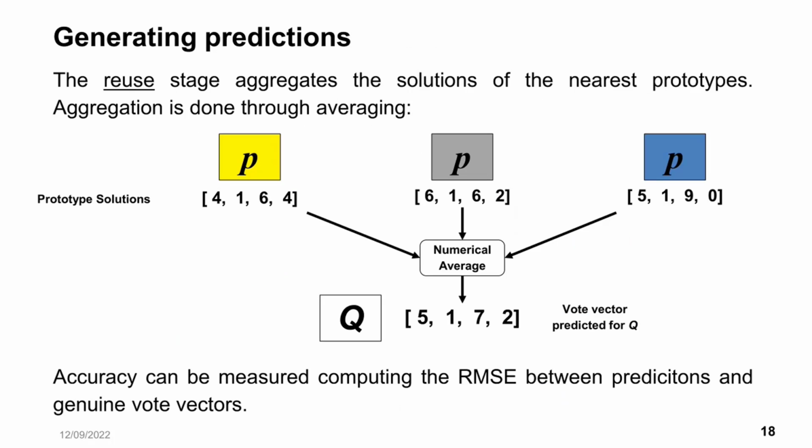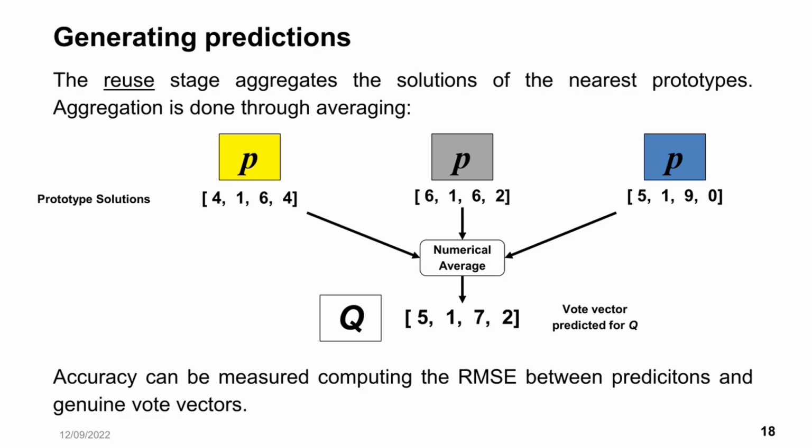These nearest prototypes will be utilized to generate the prediction of our CBR process. The reuse stage aggregates the solutions of the nearest prototypes using a numerical average. So, the 3 vote vectors on the screen are numerically averaged to get the vote vector predicted for a query image.